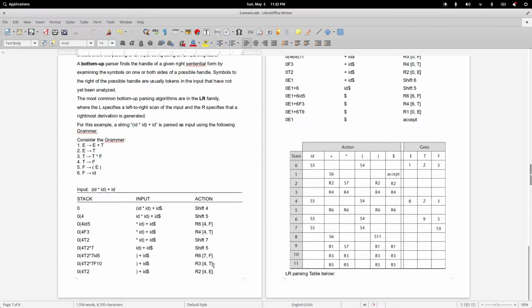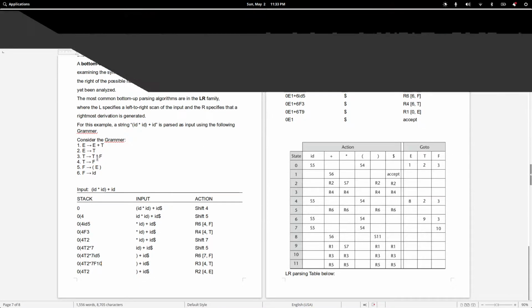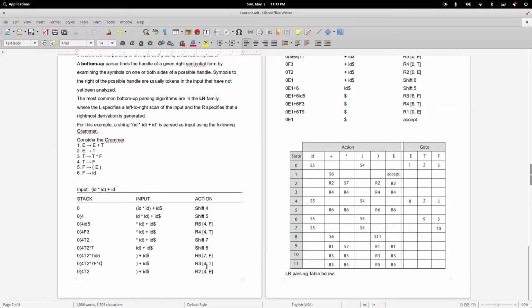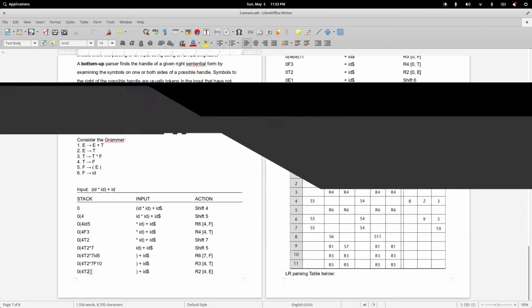Rule 3 states that T times F becomes T. So we have a T above the 4, times an F, so everything after the 4 now becomes T. Now we're left with 4 T, and to get our goto, we look up 4 T and see that it says go to 2, so that's where we get our 2 from.